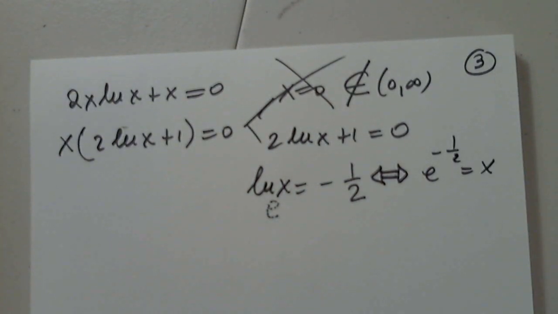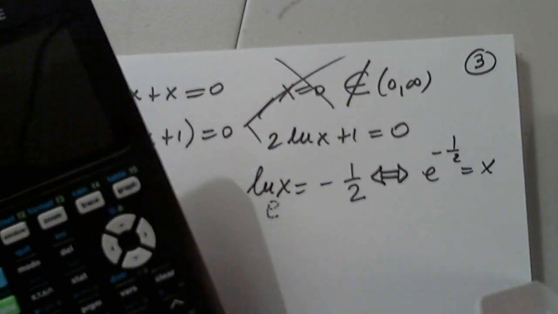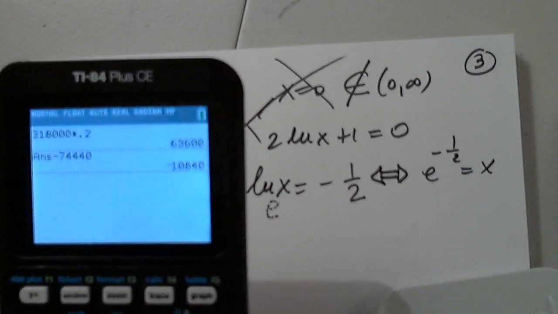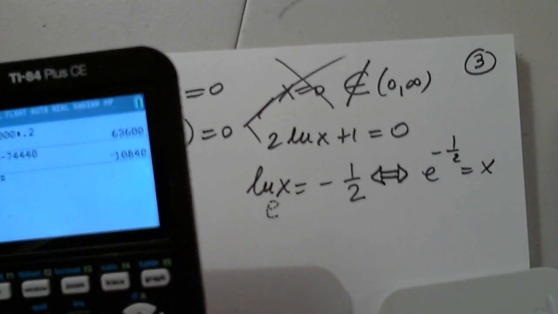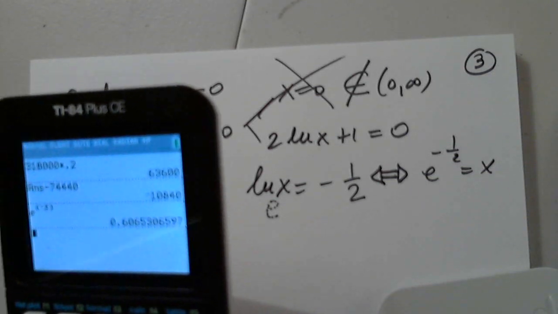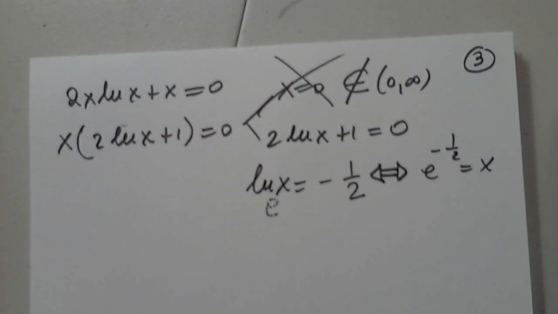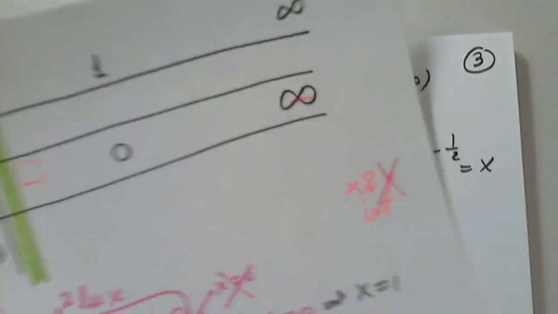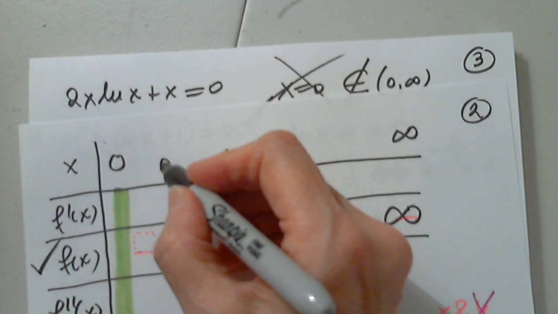And I will get this right away because I have no idea what it is. So it's e, and the power is negative 0.5. I got 0.61. Quickly to the table.